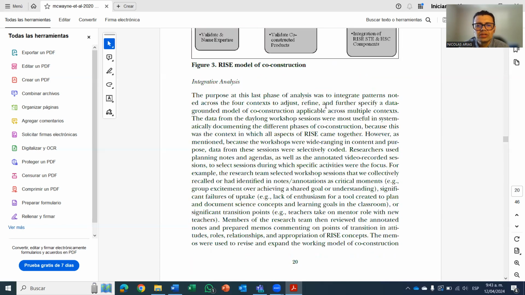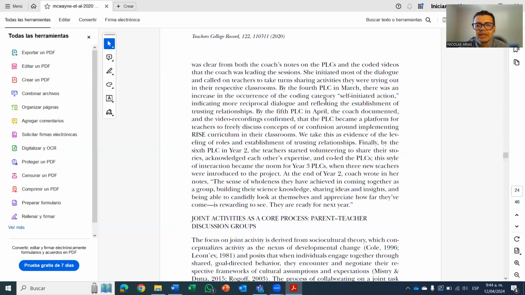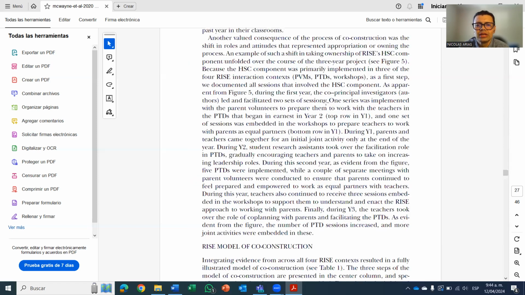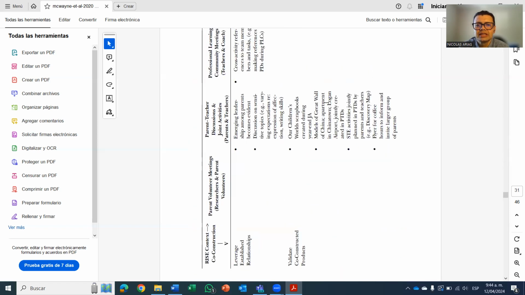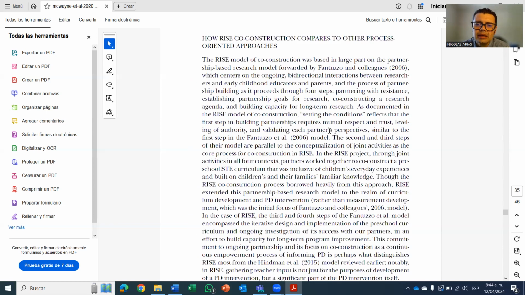And in all that process, as you could see when I was scrolling, there are a lot of tables showing the correspondence between codes and the big categories that they were using.